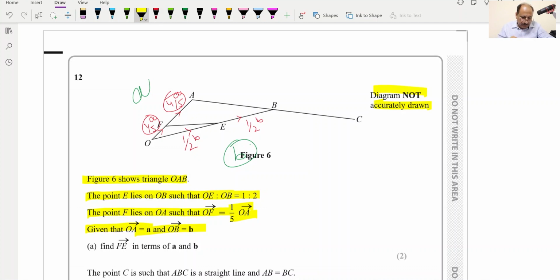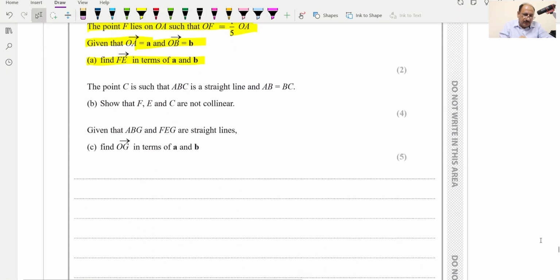Next, the a part of the question is to find FE in terms of a and b. So we can take the route FE is equal to FO, which is this one, plus OE, which is this. We can take these two vectors, and the a part will be FE is equal to FO plus OE.